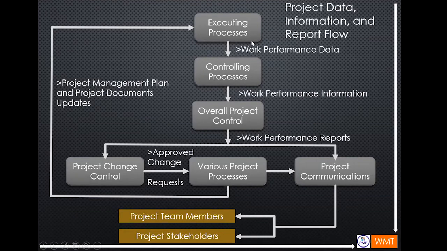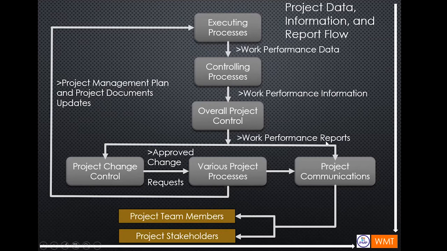So for the executing processes, the work performance data will be attained. And then in the controlling processes, you can get the work performance information. So this work performance data will become the work performance information. Then after the work performance information, it will go to the overall project control, then become the work performance reports.